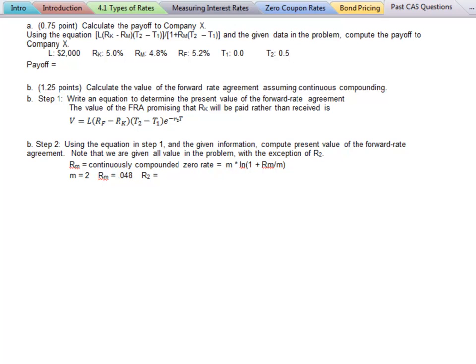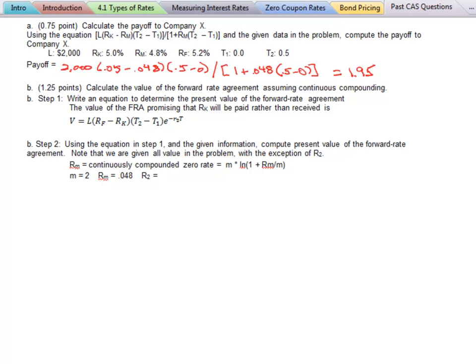And therefore, the payoff is equal to 2,000 times (0.05 minus 0.048) times (0.5 minus 0), all divided by 1 plus 0.048 times (0.5 minus 0). And that is equal to 1.95.